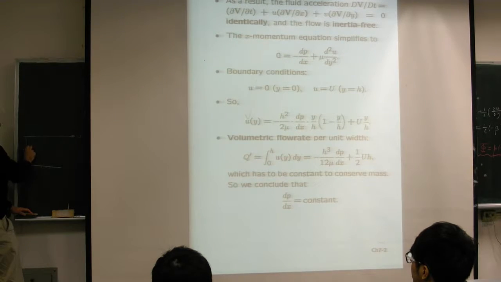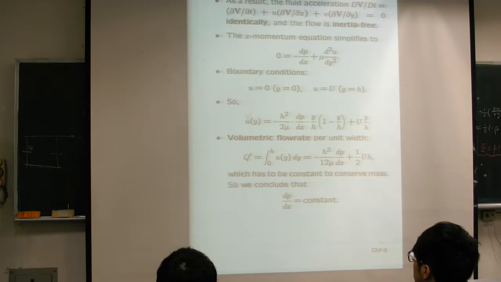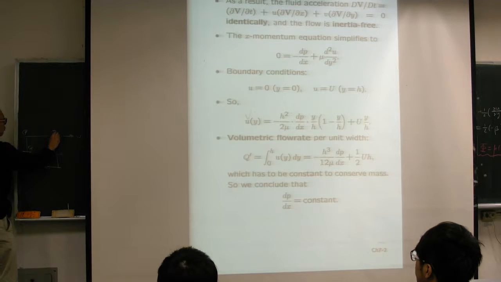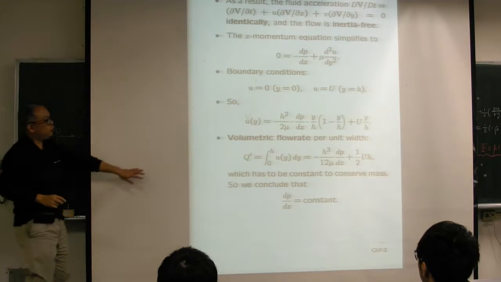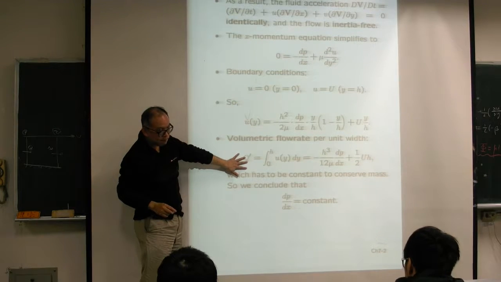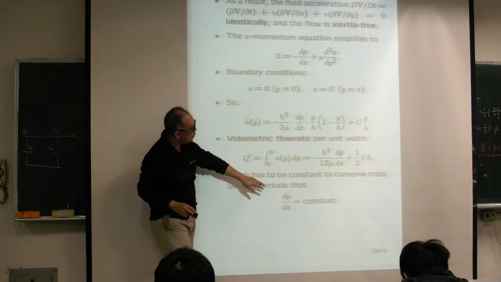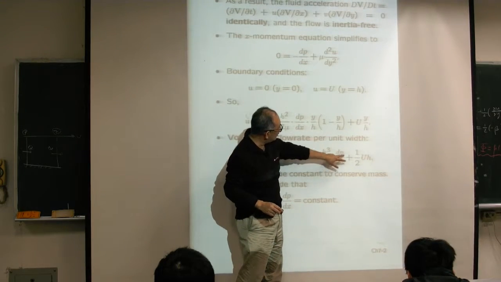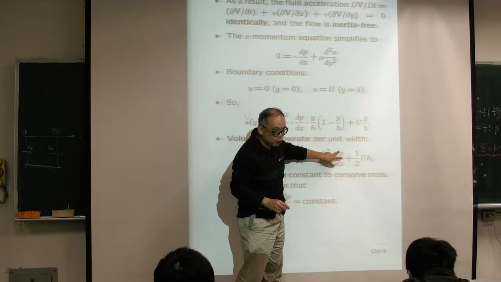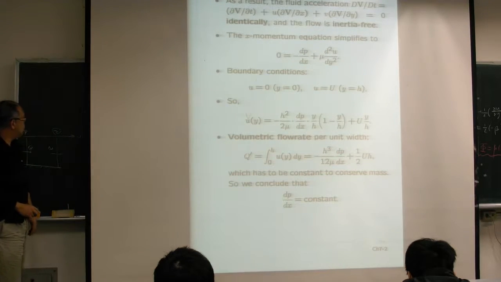The Q here and the Q here should be equal, by the continuity equation. Section 1 and section 2 should be equal, so Q should not change with x. So Q is a constant, as you can see here. All of this is constant, but dp dx is also a constant.